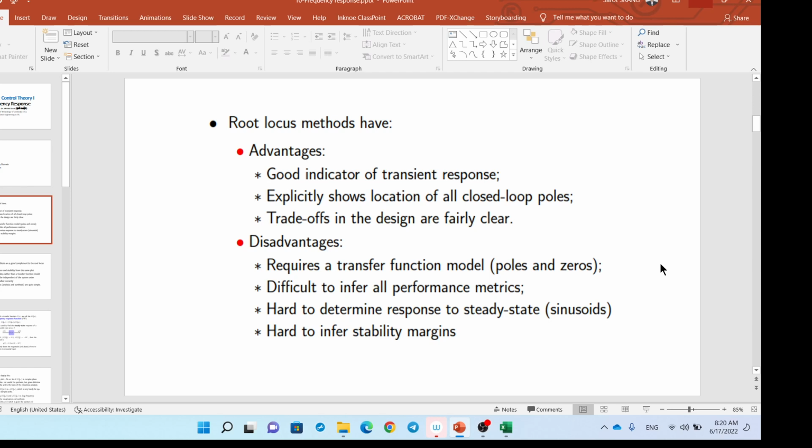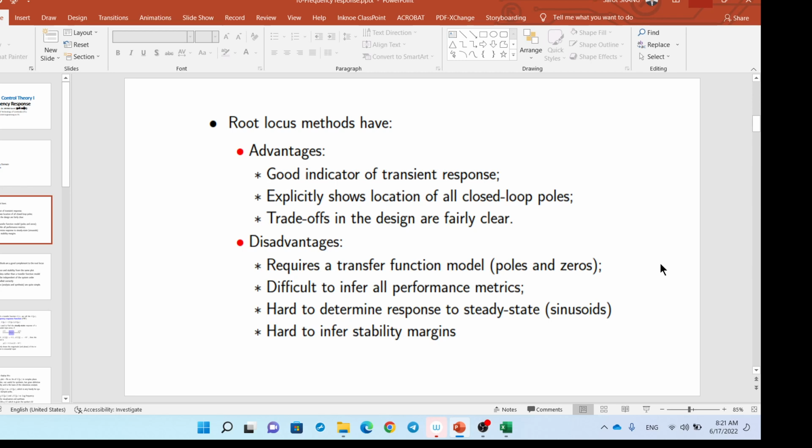And it is hard to determine the steady state response for a sinusoidal input. So this means you know the system is stable or unstable, but you cannot conclude on the behavior of the response that usually is very rich if you have a sinusoidal input.